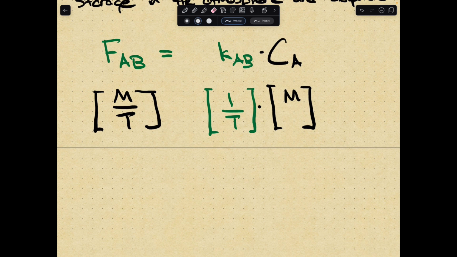So in this case, we're going to say that F_BA, I'm sorry, not AB, BA, the flux of carbon from the biosphere to the atmosphere is K_BA times C sub B, right?